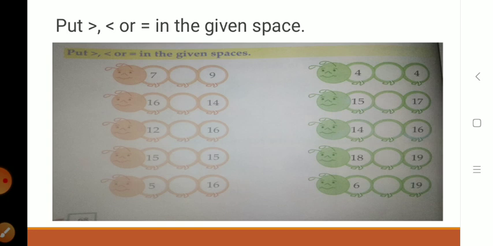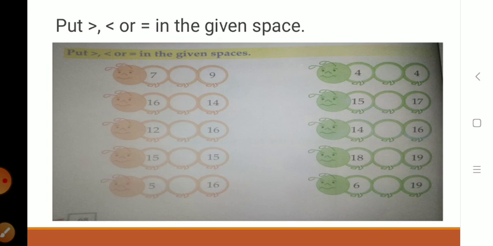Now see the first one: 7 and 9. Which two numbers are given? You can see which number is smaller and which is greater. Number 7 is smaller than 9. If the smaller number is given first, you will use the smaller than sign.